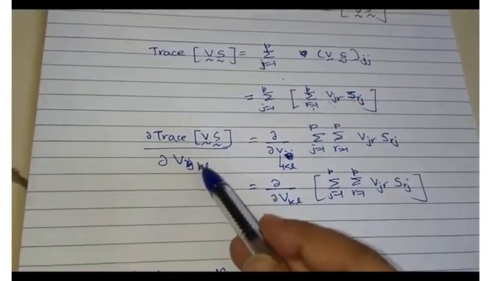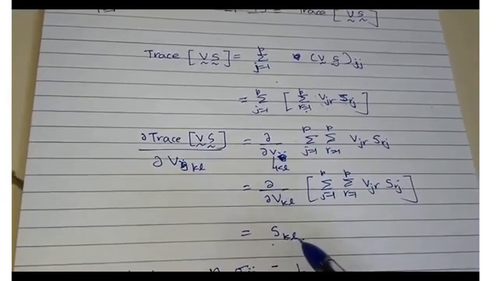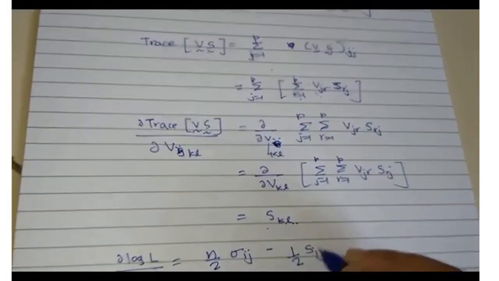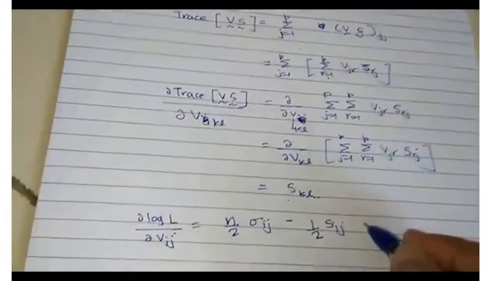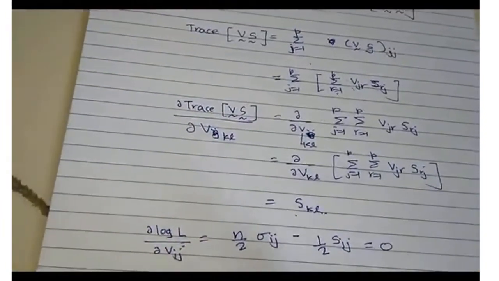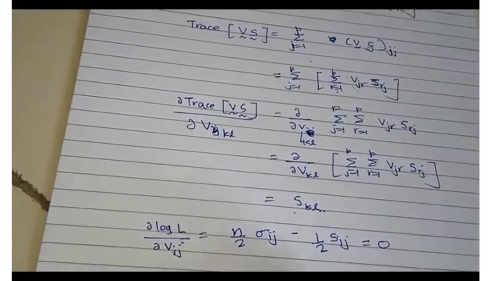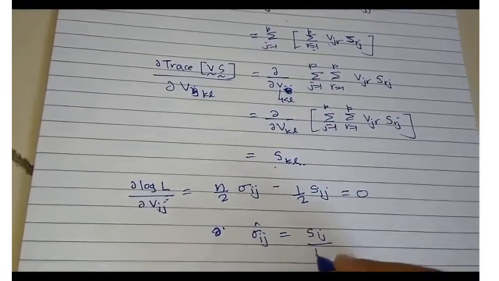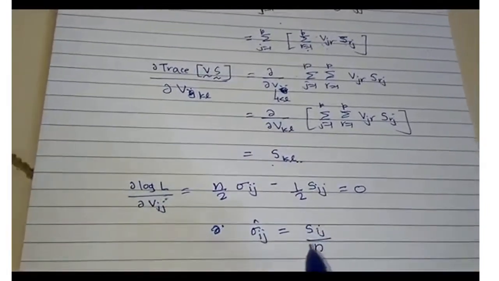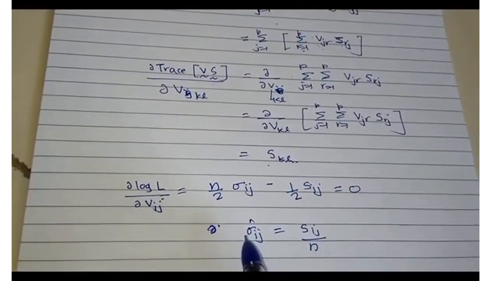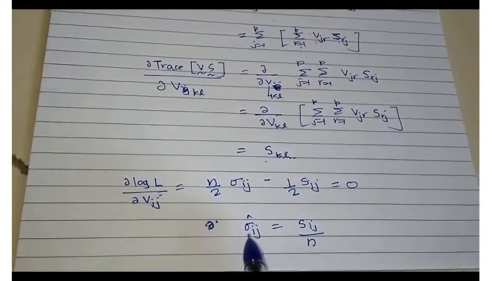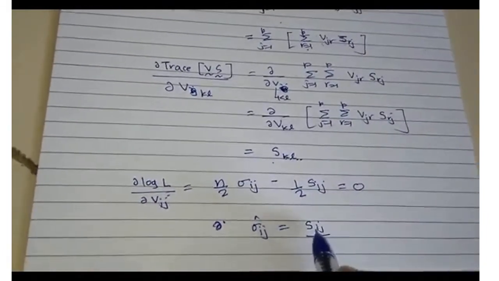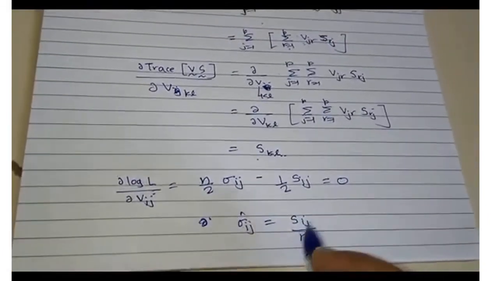If I differentiate with respect to kl, I get S_kl, so when I differentiate with respect to ij, I will get S_ij. Now I have to equate this to 0. So I am left with sigma ij hat as S_ij upon n. Hence, at least the solution to the likelihood equation is sigma ij hat as S_ij upon n, which is expected: the CSSP matrix divided by n.